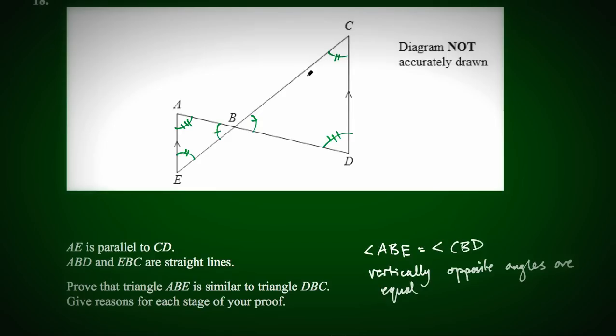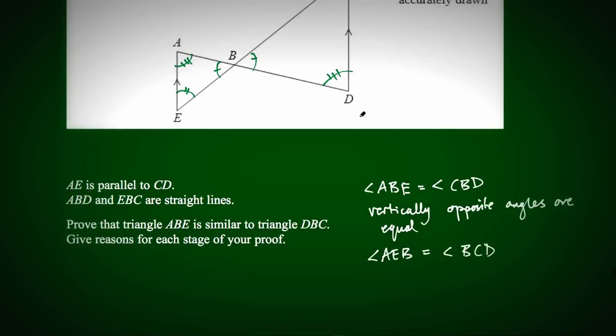Then I can use angles on parallel lines. Angle AEB equals angle BCD, and that's alternate angles on parallel lines are equal.